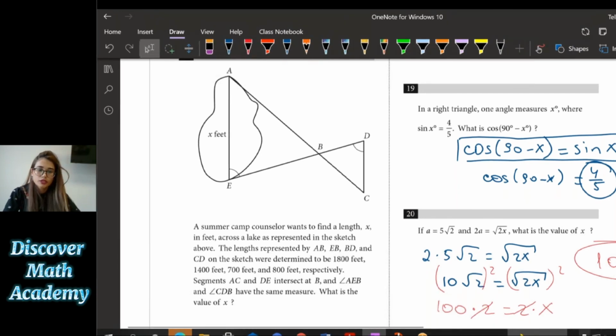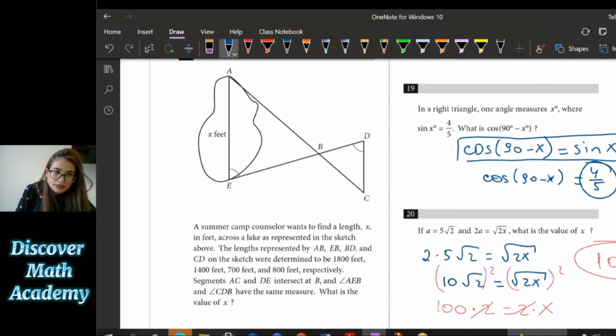And the last question. Okay, the summer camp counselor wants to find the length of x. The lengths representing AB, EB, BD, and CD on the sketch were determined to be 1,800 feet. AB will be 1,800. Okay.